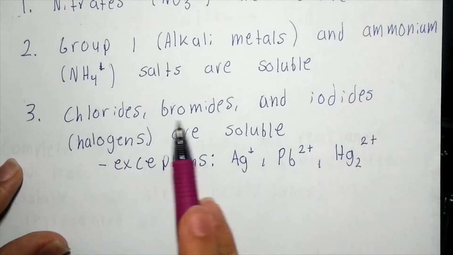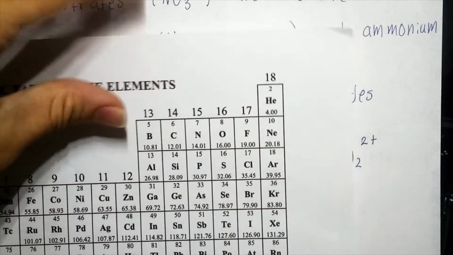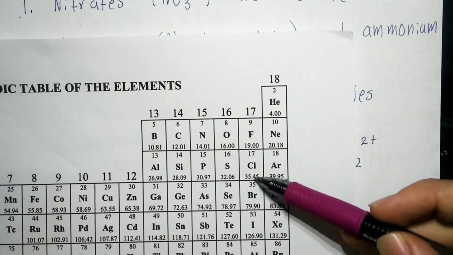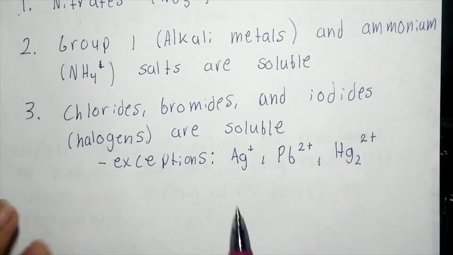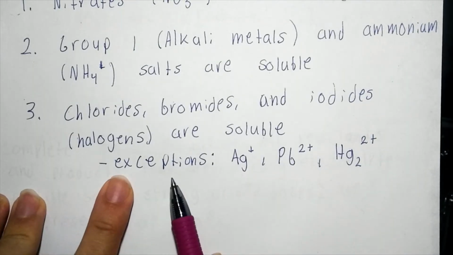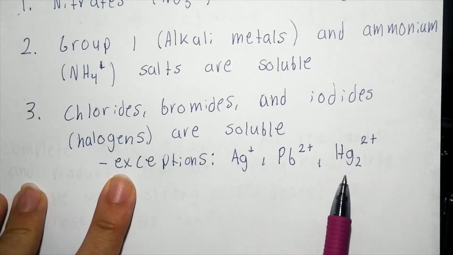Now, the third rule, chlorides, bromides, and iodides, that's the halogens or the group 7A elements. So chloride, bromide, and iodide are right here. Those are all going to be soluble with the exceptions of silver, lead 2, and mercury 2.